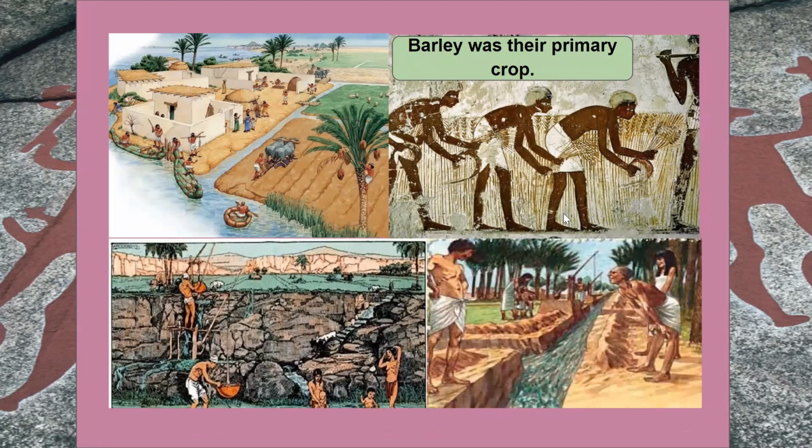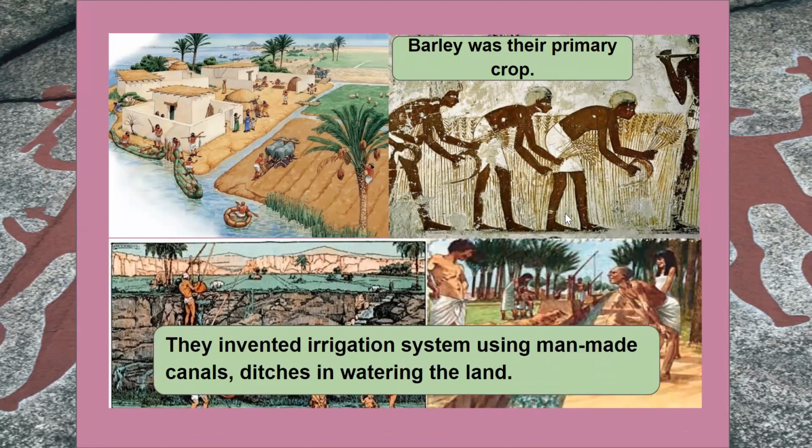Because of agriculture, they invented an irrigation system using man-made canals and ditches in watering the land. Also, they had the field system, which rotates the crops planted in a number of fields to replenish nutrients in the soil.